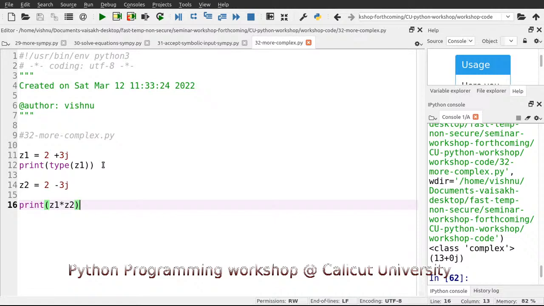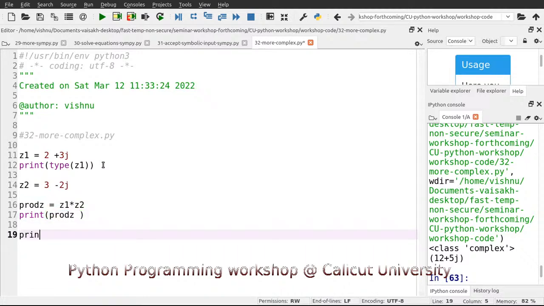Let us try, this is 2 plus 3j, so let me put 3 minus 2j, product z equal to, printing the product.